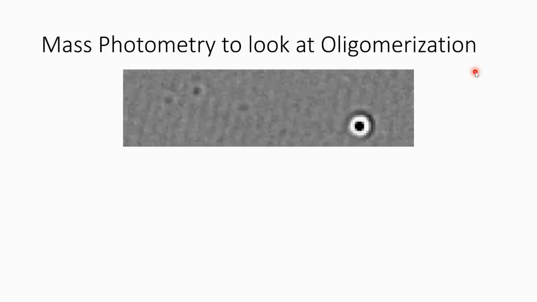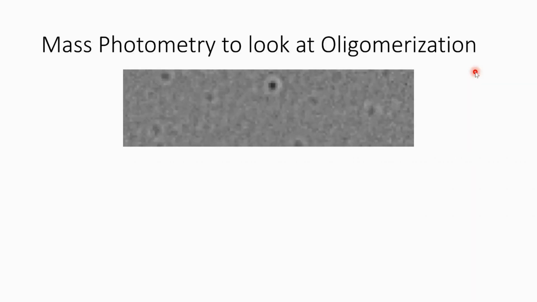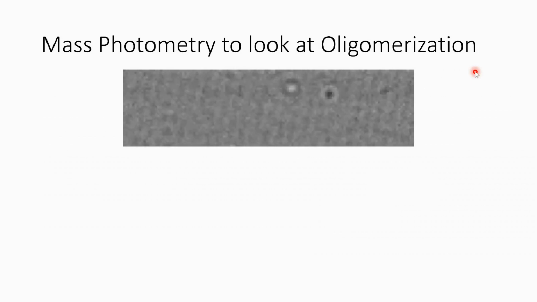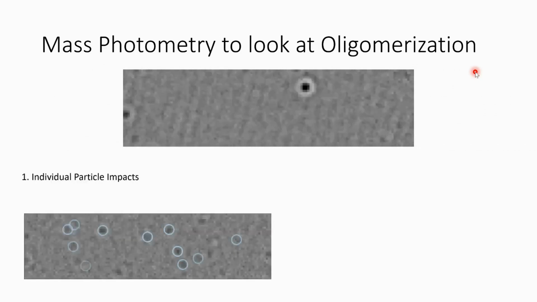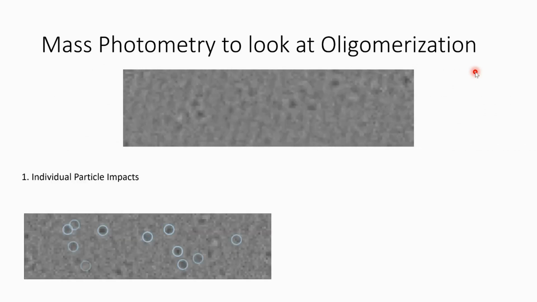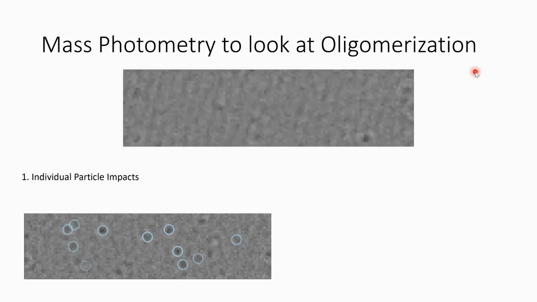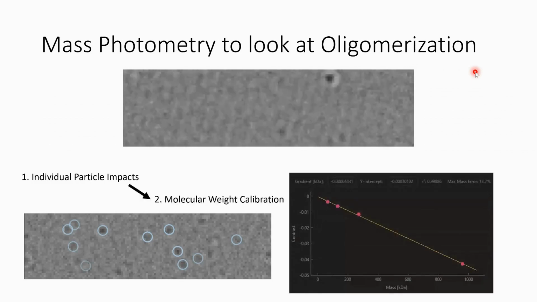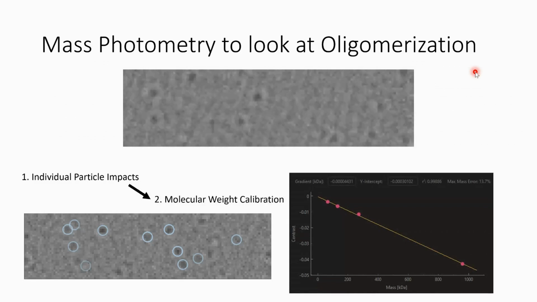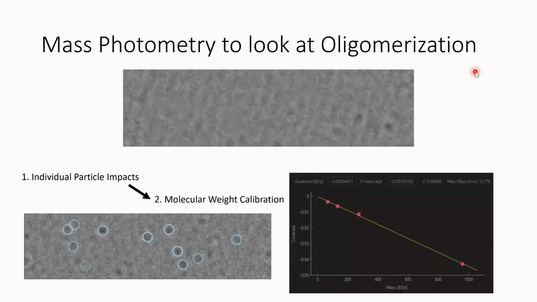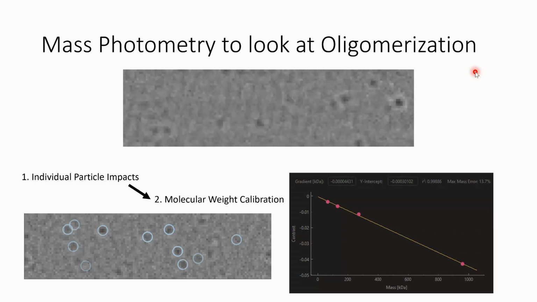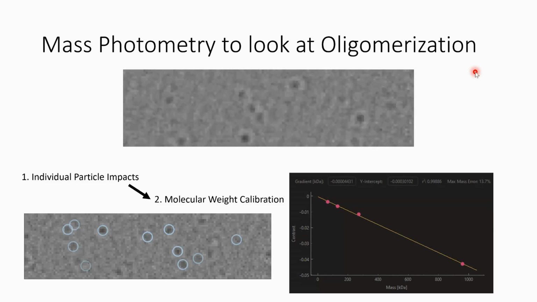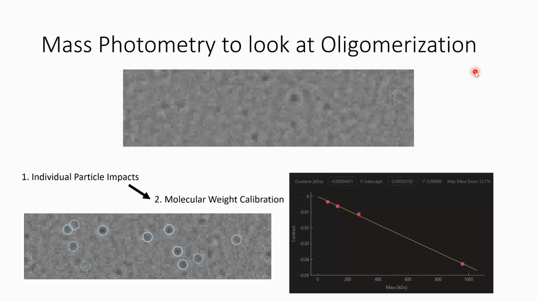In order to look at the oligomerization dynamics of LPL, we decided to use mass photometry. This is a really powerful technique that allows you to essentially weigh particles with light. The idea is that you look at individual particle impacts as they hit a glass slide. You can then create a molecular weight calibration using known molecular weight standards to directly correlate the contrast you're seeing as these individual particle impacts hit the slide to molecular weight.